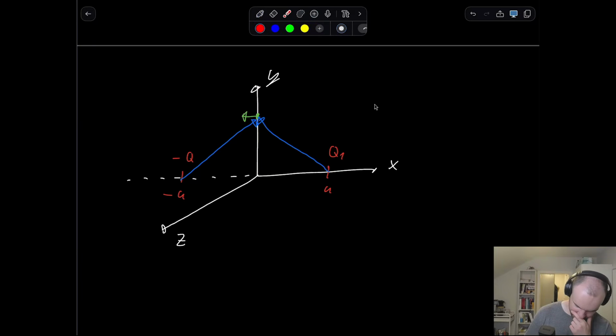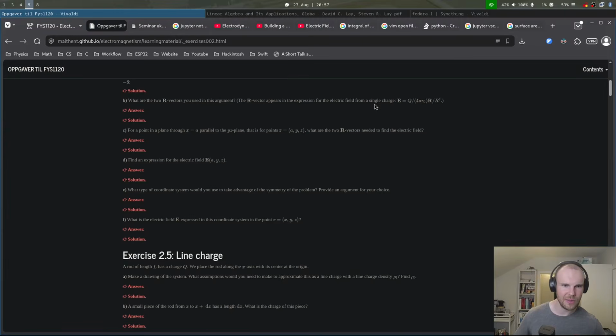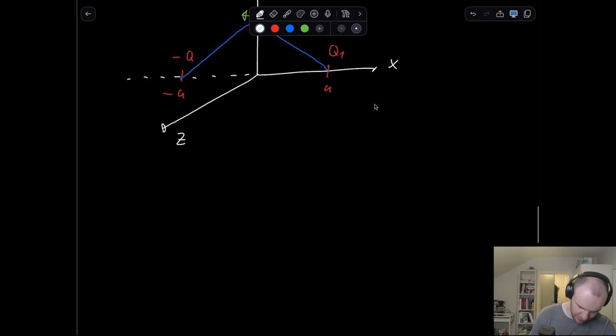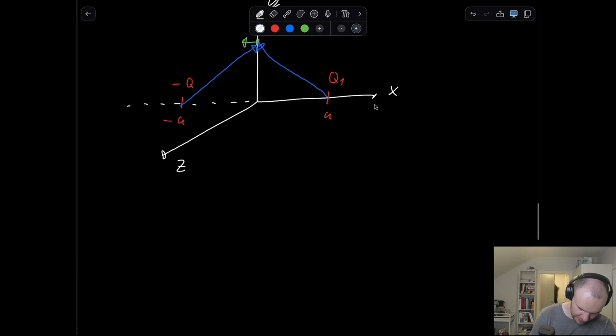Was it the question to write them? Yeah, I can of course just write them. So if I pick some point, R in itself is just 0, Y, and 0.